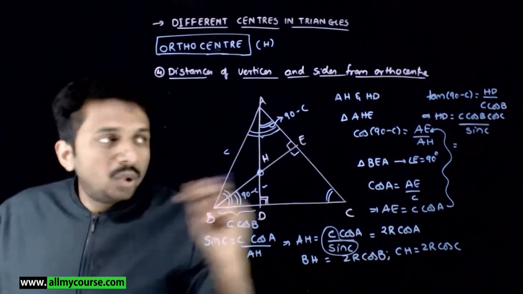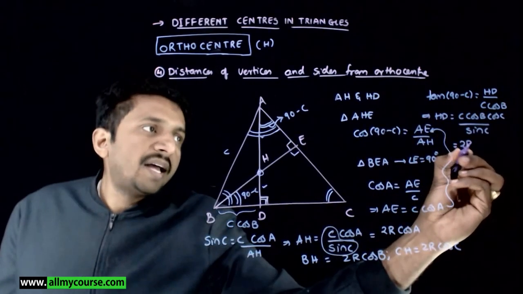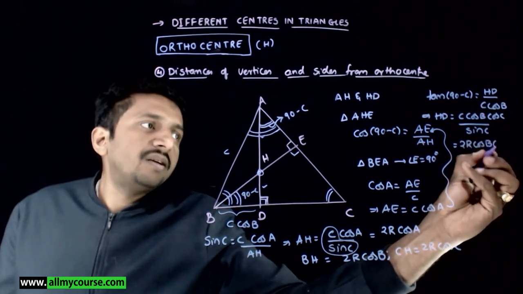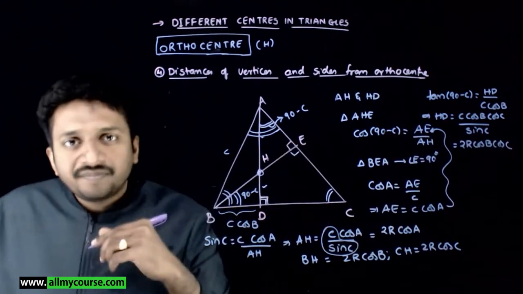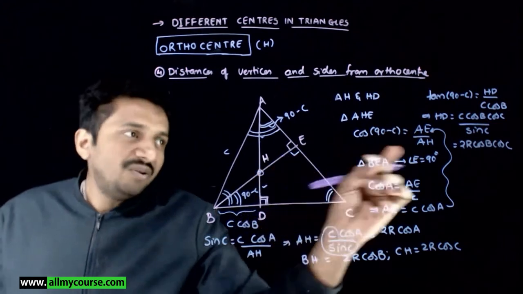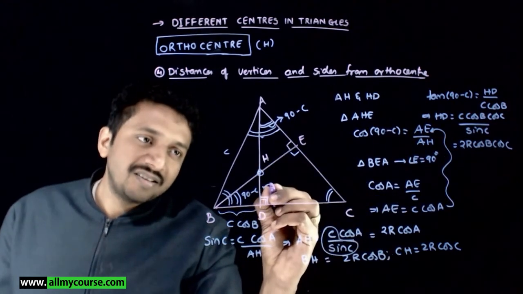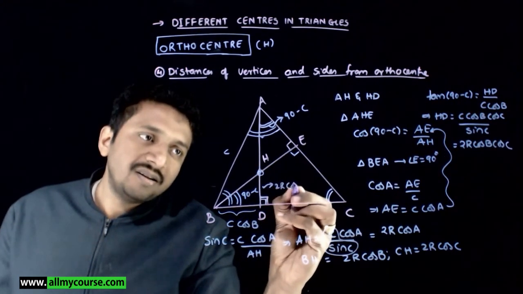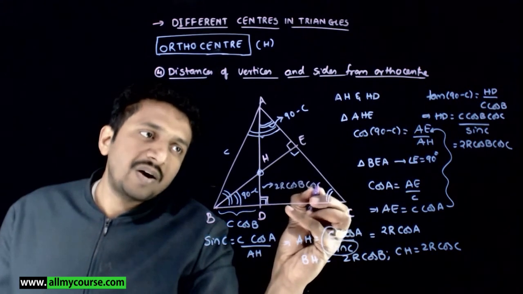C by sin C is again 2R. So HD is equal to 2R cos B cos C.